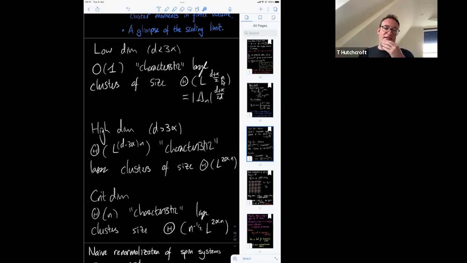Yeah, so basically the way I do it in the hierarchical case is, the nice thing about the hierarchical setting is you can keep track of much less information because of all the symmetry when you rescale. So what you do is you look at the sum of squares of all the cluster sizes, and the sum of cubes, and the sum of fourth powers, and so on. Then this whole thing evolves as an infinite dimensional dynamical system.